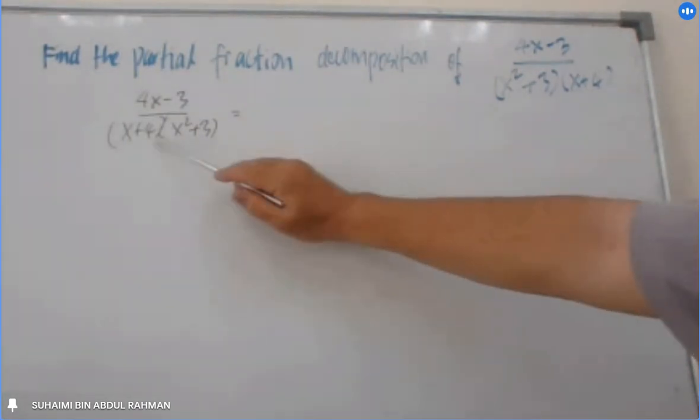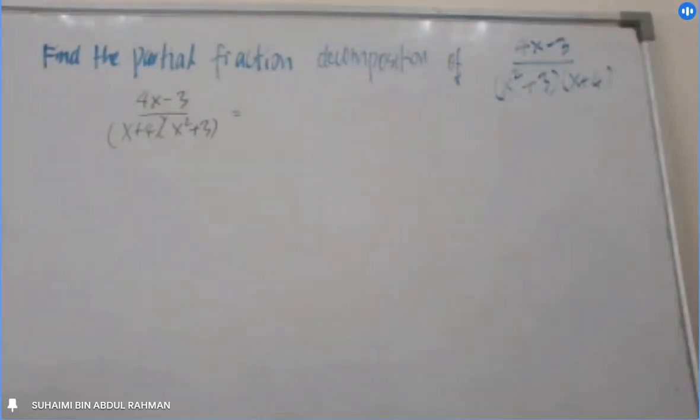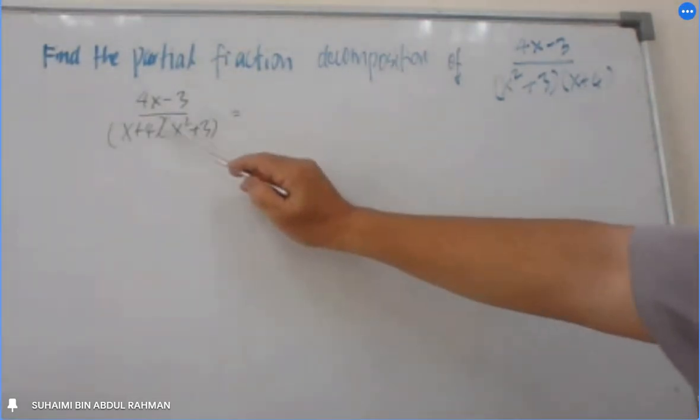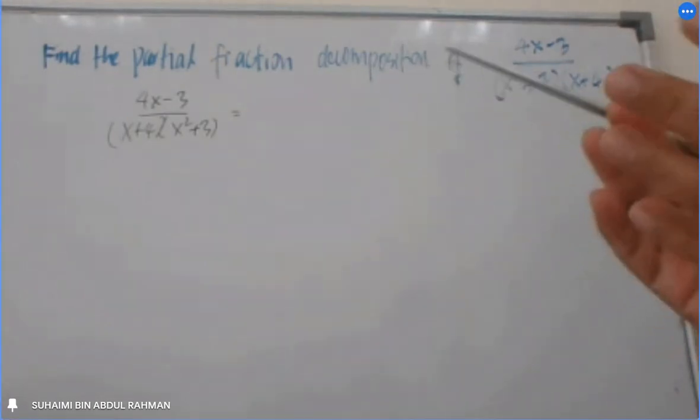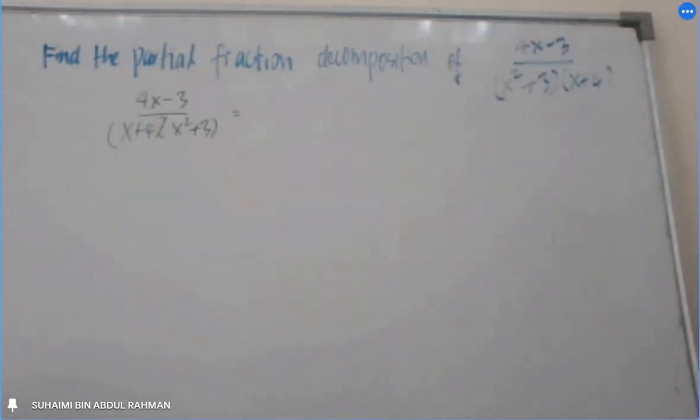This one, which factor? Linear. This one? Quadratic, which is irreducible.